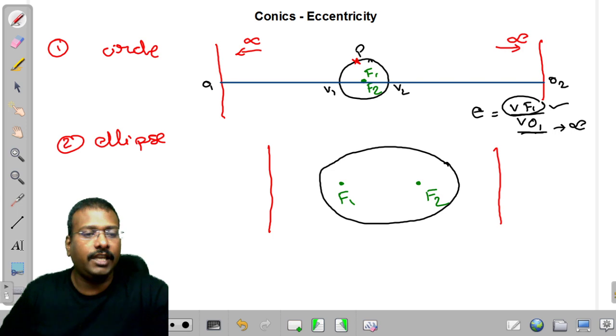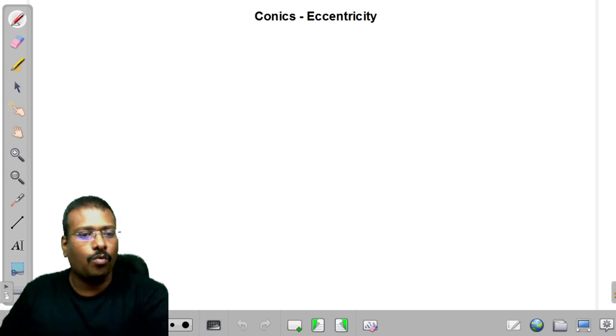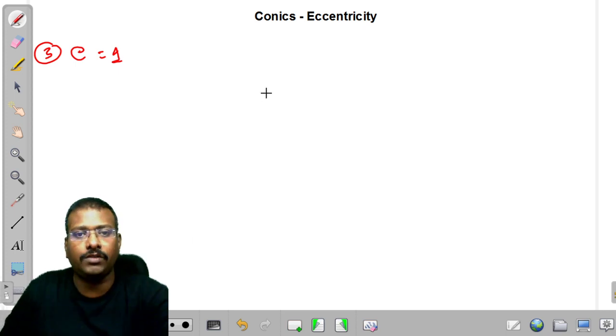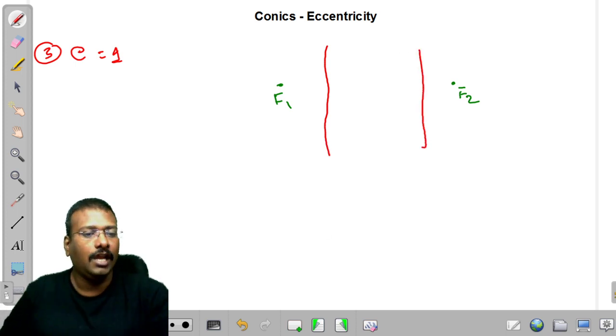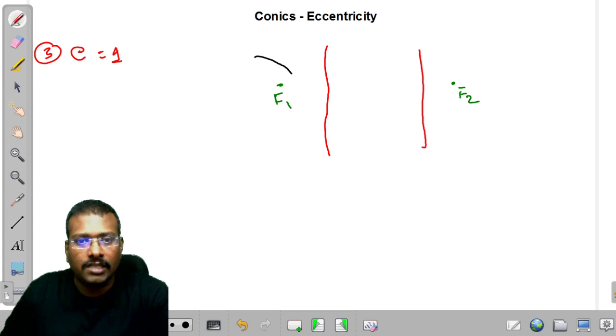Whenever this ratio is equal to 1, that is, e is equal to 1, the focal points will be moved further away, F1 and F2, but the directrix will come inside these two focal points. And the curve we are going to get is like this.